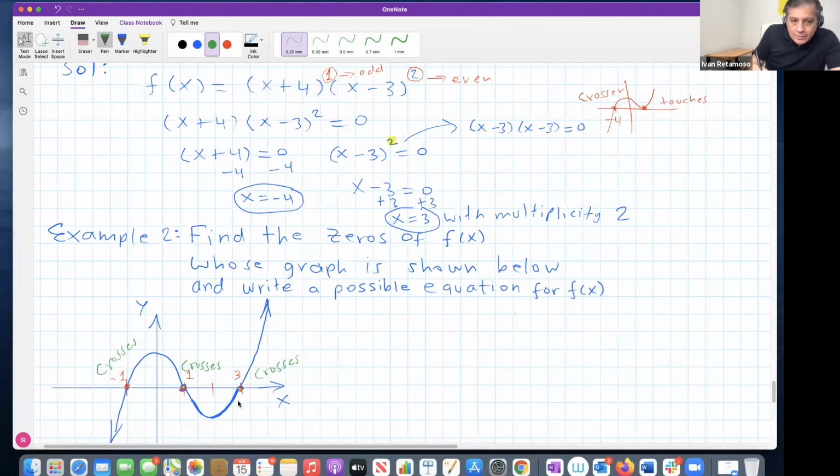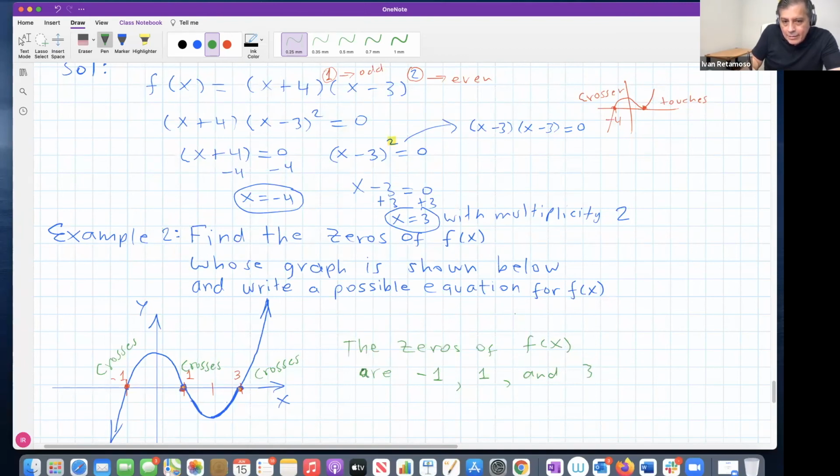Very good. So look, notice the zeros of f of x are, let's list them, -1, 1, and 3. These are the zeros of the polynomial function.